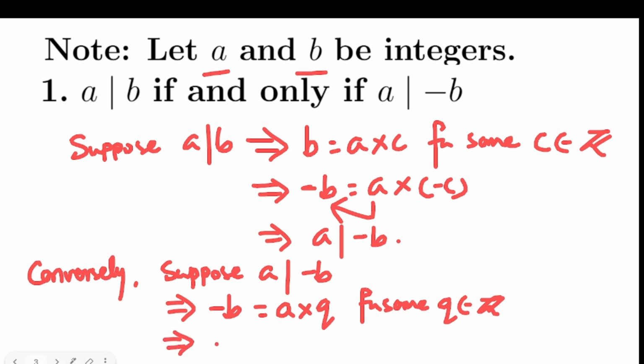Again, by adjusting minus sign in both sides, we can write b is equal to a into minus q. Again, since q is an integer, minus q is also an integer, means we have an integer minus q for which b equals a into minus q, and it implies by definition of divisibility a divides b. Means see, we have proved that a divides b if and only if a divides minus b.